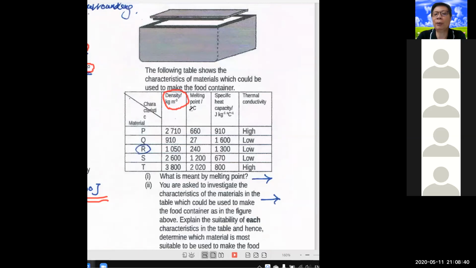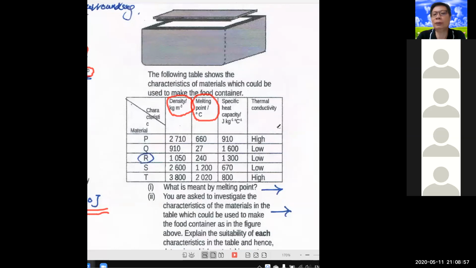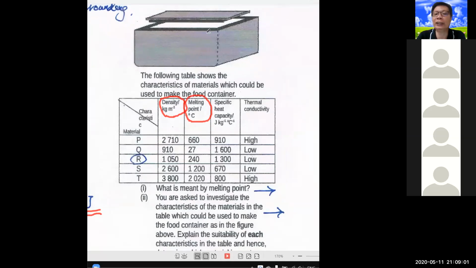And what about the melting point there? The melting point of the material. You see here, this container needs to keep food warm, meaning that it must have a high melting point. Not easy to melt, because we always keep the hot food inside.